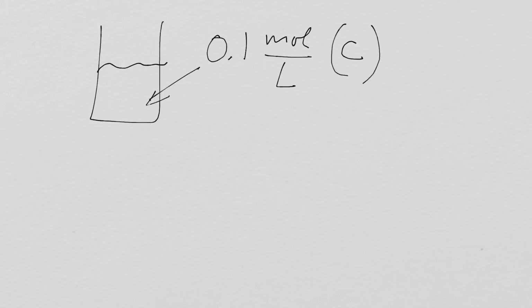Although I don't like that very much, because very often C can also mean the speed of light. By the way, has anyone actually measured the speed of light at school? No? You have done that?